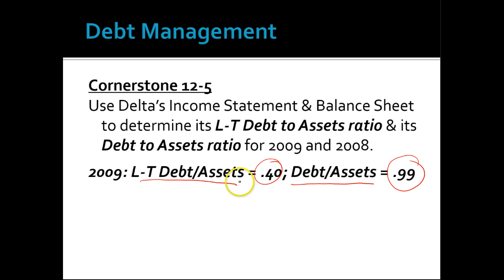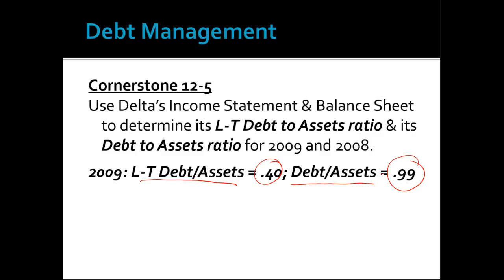Do you know what these two ratios are saying? What they are saying is assets have to equal total liabilities plus total equity, correct? 40% of the asset value in the company was purchased with long-term debt. 99% of the total asset value in Delta's company was purchased with liabilities of some sort.